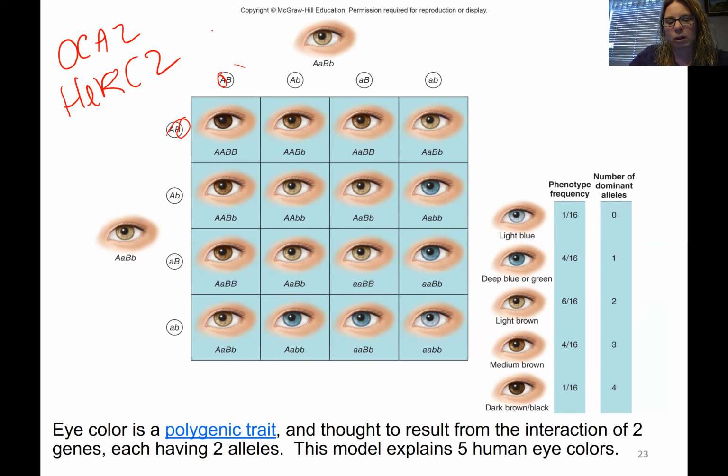Those control eye color. There are other genes as well that control the tone of the eye. Light blue eyes is completely recessive, like down here. Dark brown or almost black eyes are almost completely dominant with both of those alleles.